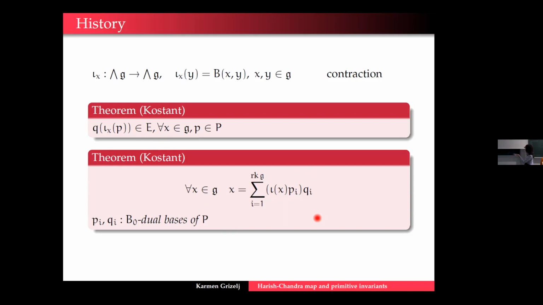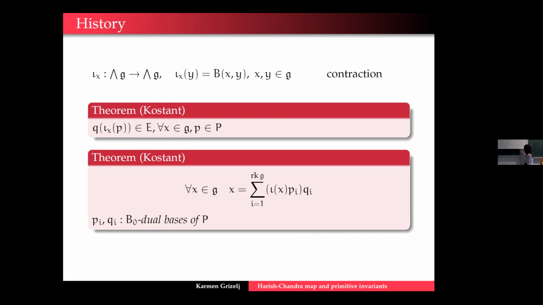If it's primitive invariant, then it's also a normal invariant. So Pi and Qi are just the basis for primitive elements. Okay, that's some nice result to say, now we can see what something looks like.